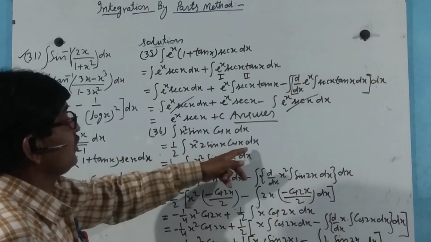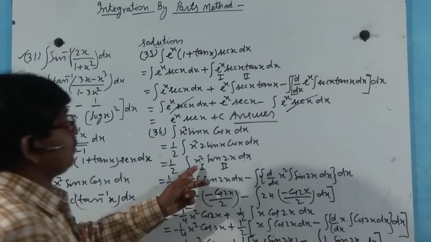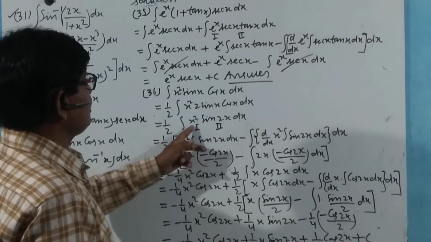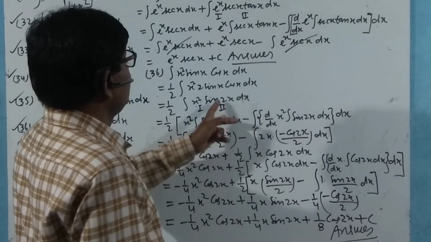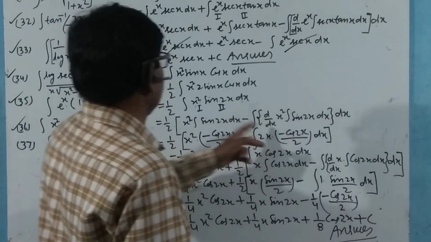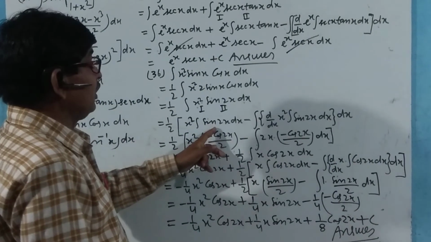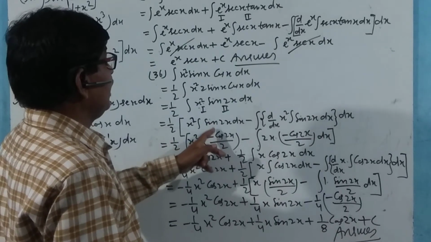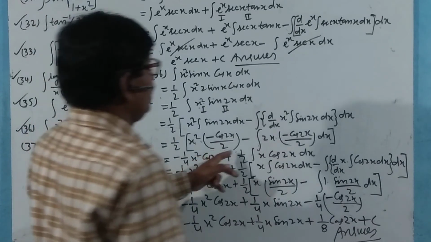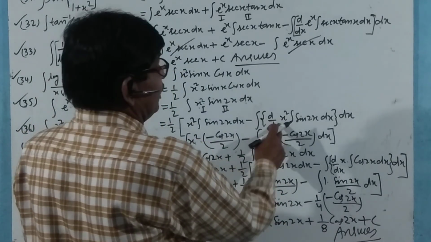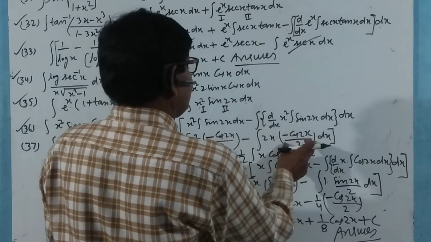We apply the product form, first term, second term: first term, integration of second term, minus differentiation of first, integration of second, whole integration, so that x square, integration of sin 2x, that is equal to minus cos 2x by 2, this is 1 by 2 here, and differentiation of x square, n x to the n minus 1, this is 2x, integration of this term is this.